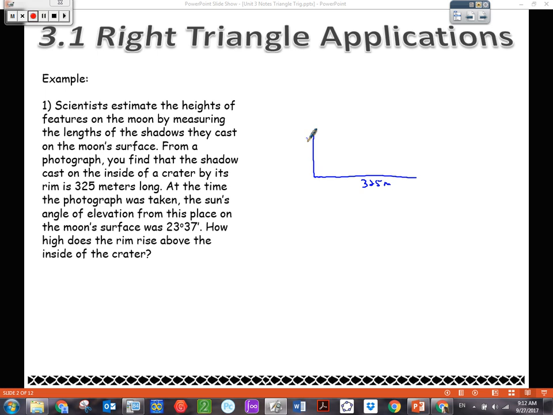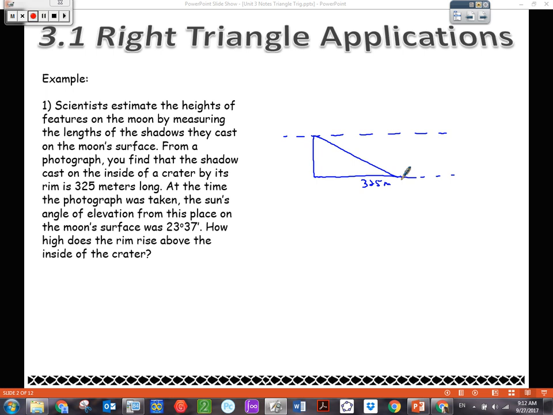All right, so here's our shadow. At the time that the photograph was taken, the sun's angle of elevation from this place on the moon's surface was 23 degrees 37 minutes. So let's talk about angle of elevation. For whatever reason, for many students, angle of elevation is confusing.